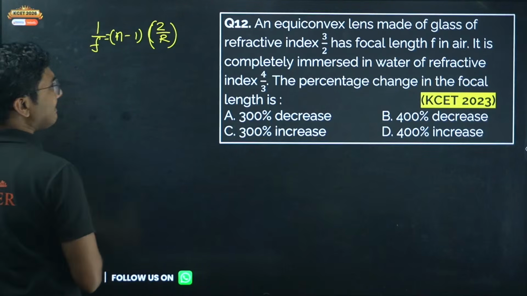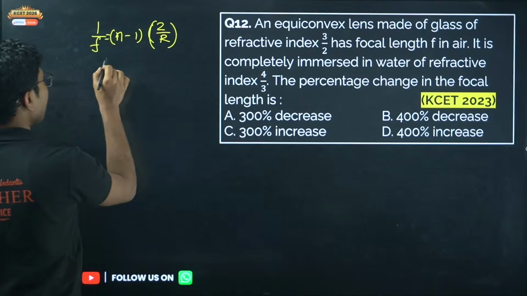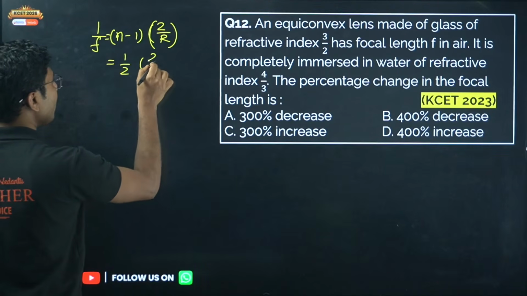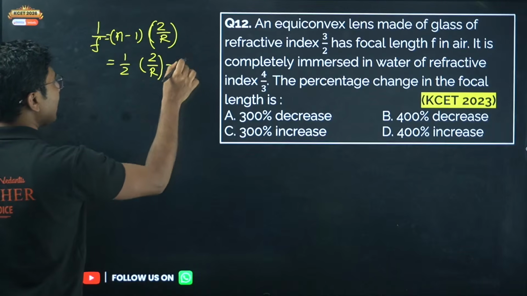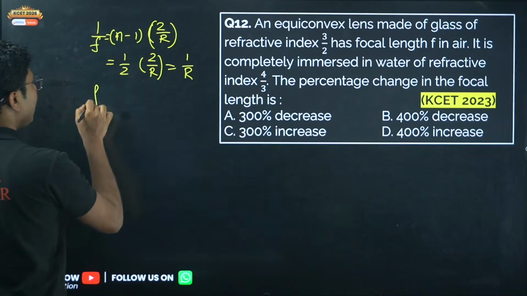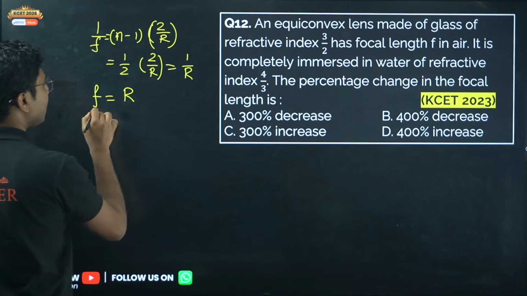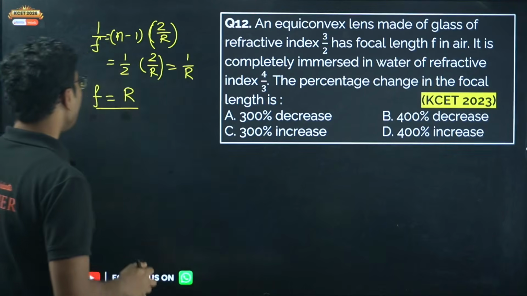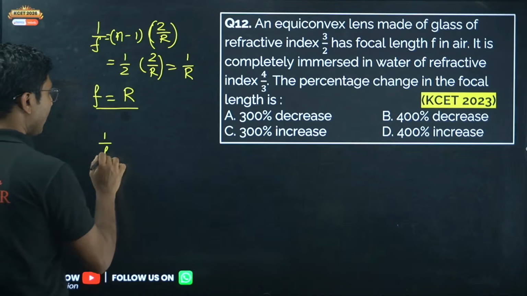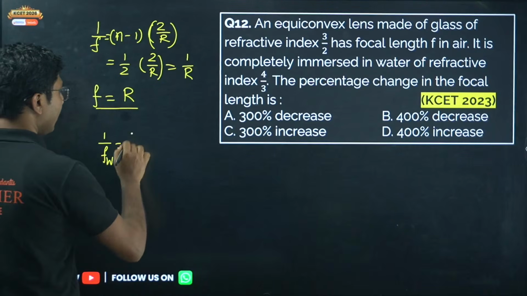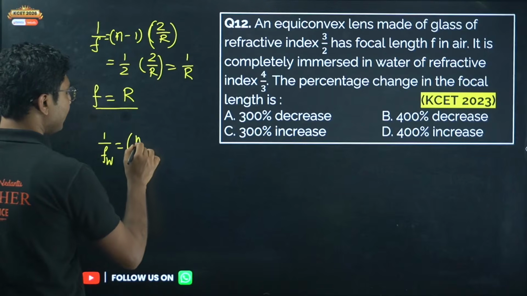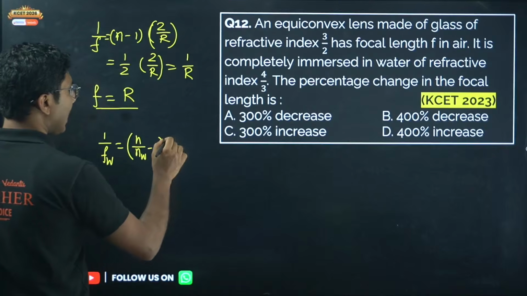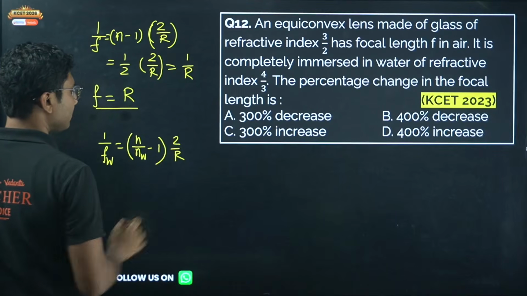Now initially the refractive index is 3/2. So 3/2 minus 1 is half. So half into 2/r, so the focal length will be r. Initially the focal length was exactly equal to r. Now when you take this lens and immerse it in water, what will happen? The focal length in water will be the refractive index of this medium divided by the refractive index of water, minus 1, into 2/r.